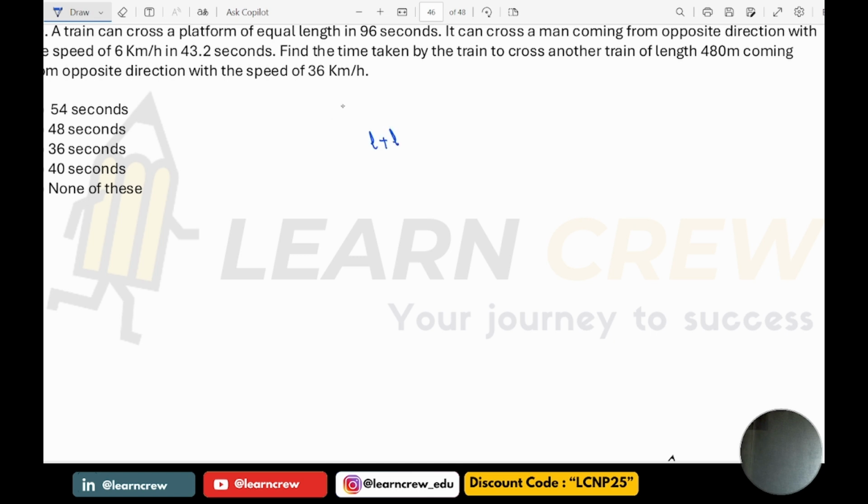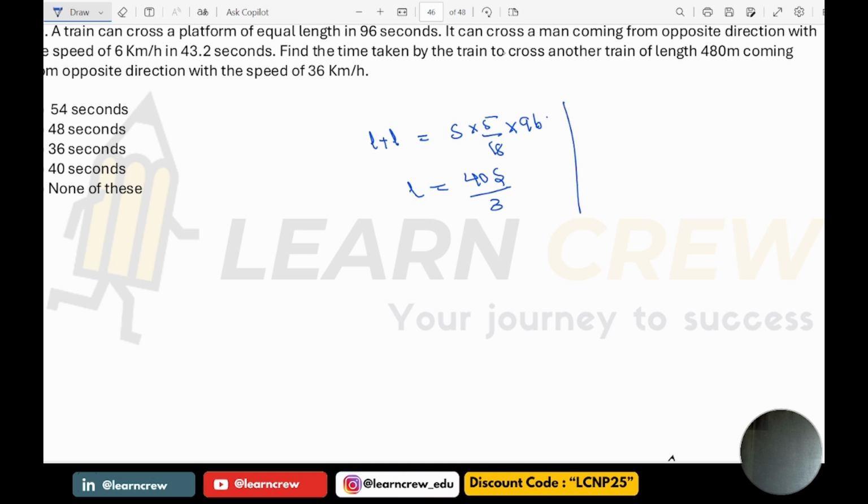When a train crosses a platform of equal length, the distance is the sum of the lengths; convert speed into meter per second, and it takes 96 seconds. From this I can say L is equal to 40S by 3.